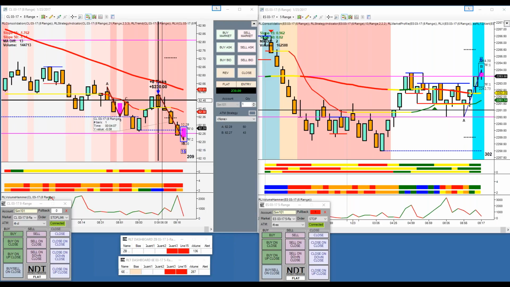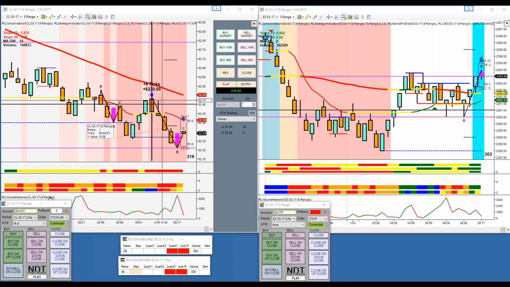Looking for the break of the value area high on the E-mini. Pivot's broken on crude right here. We're 6 ticks off resistance.